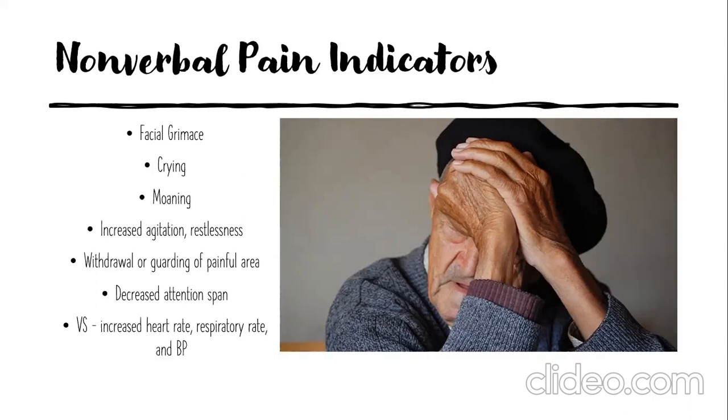Or are they walking around holding the arm? Like this person in this picture, they're holding their head. That is what's considered guarding. And withdrawal would be, of course, if you go to touch my right arm and I flinch and pull it away from you, that is withdrawal. Decreased attention. I can't even look.